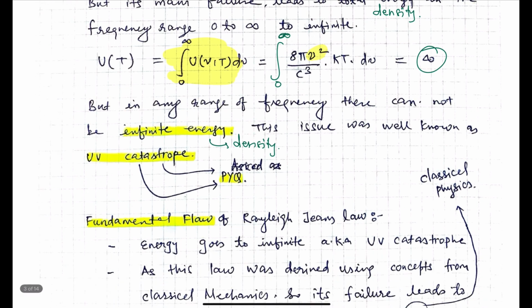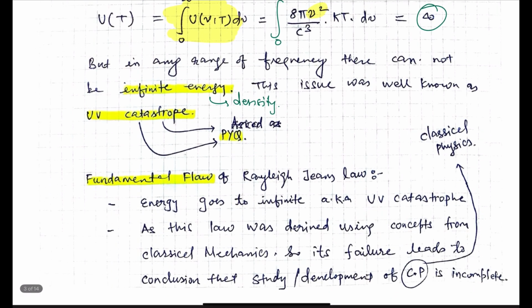Okay. So now let us just summarize some fundamental laws of the Rayleigh-Jeans law. Energy density goes to infinite, and this is also known as ultraviolet catastrophe.